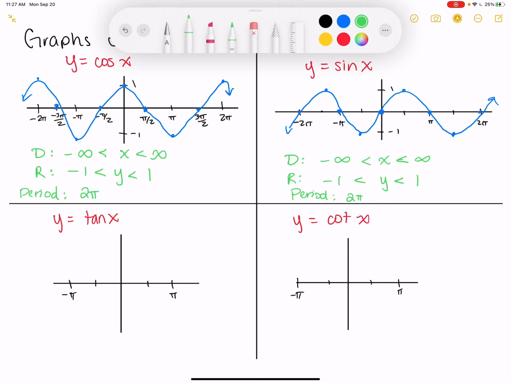All right, so I don't know if you remember, hold on, that's the wrong one for that. But tangent and cotangent have asymptotes on them.